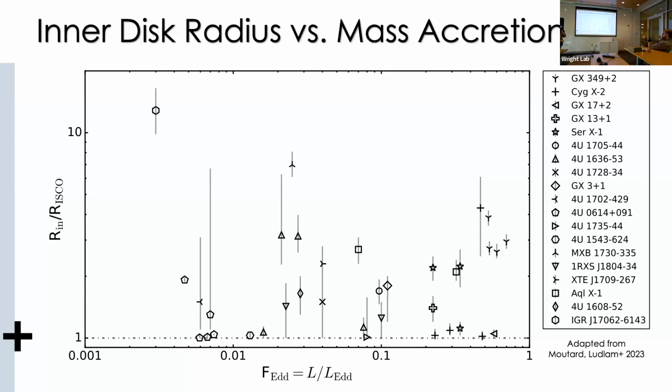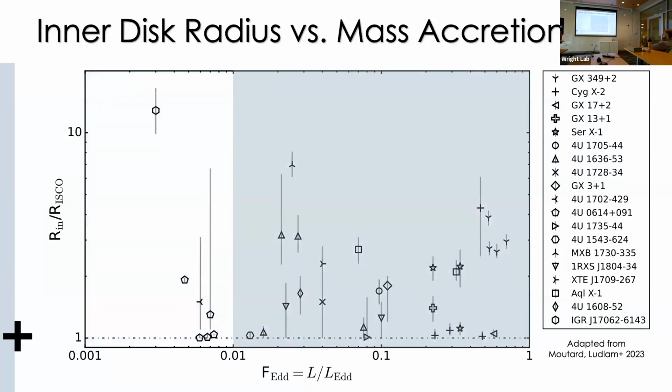So you can see we're spanning a very large range from below 1% of Eddington all the way up to the Eddington range. At the lowest mass end, we can see that there are some sources that are able to remain consistent with the innermost stable circular orbit below about 1% of Eddington, where typically in black hole systems, you become radiatively inefficient. So this tells us that we are able to produce stable, radiatively efficient disks below 1%, but there has to be a transition region. So this is still an active area of figuring out when does this transition occur within these systems.